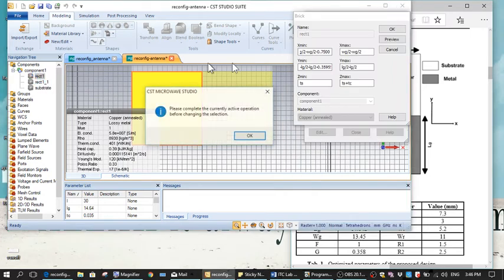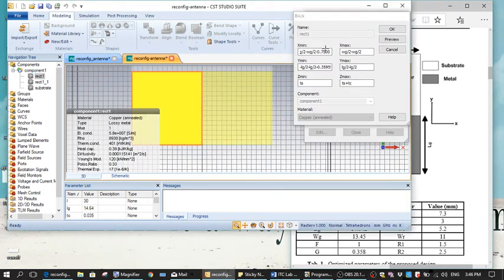So what seems to be the problem here? Okay. Let's see the problem.